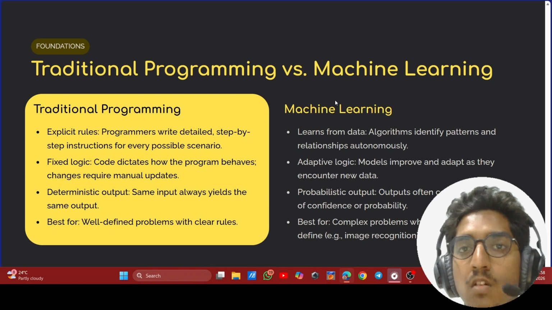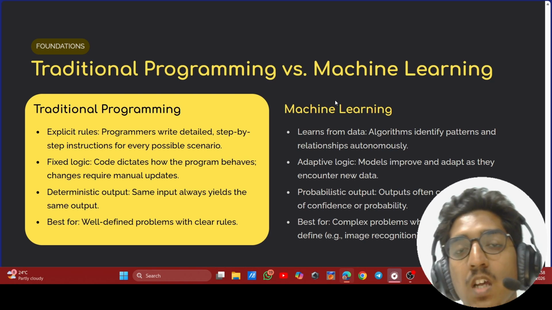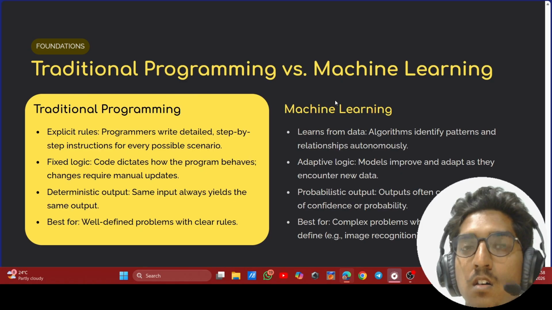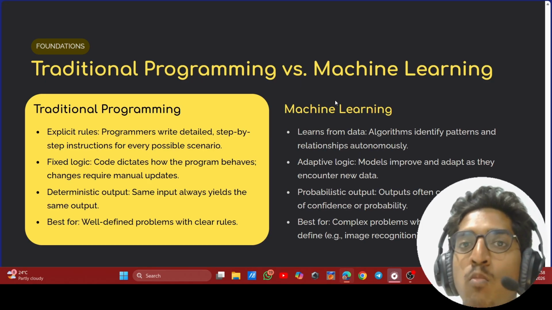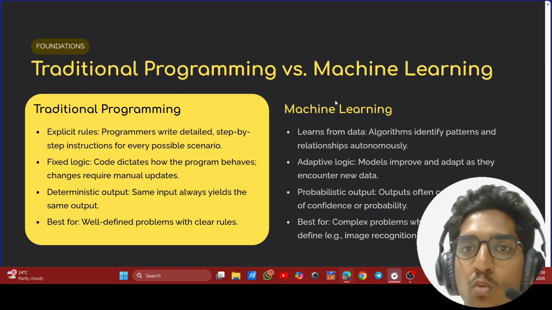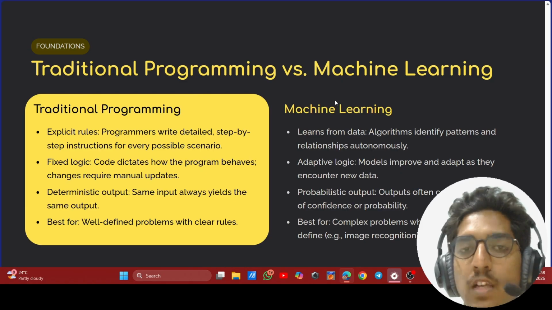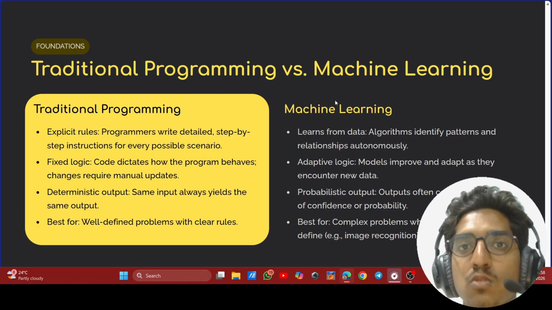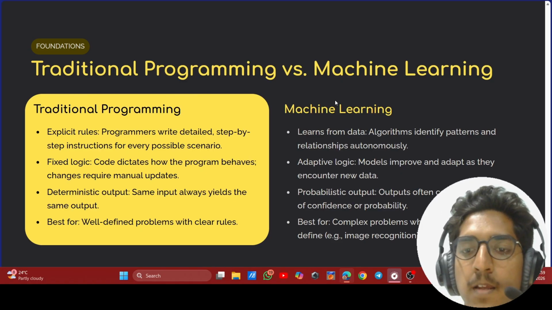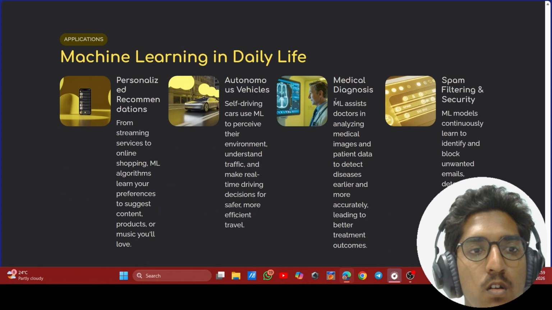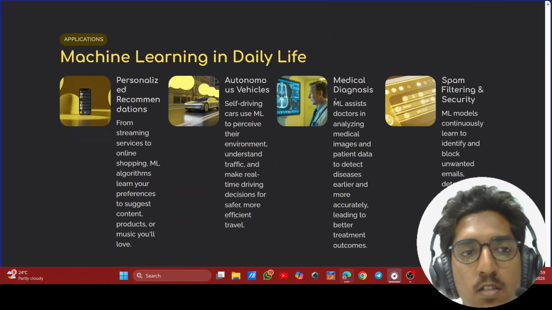Then we learned about the machine learning model building process, which is important because before building any model, we need to know what the techniques and processes are, and what things are to be done before building any machine learning model, right?